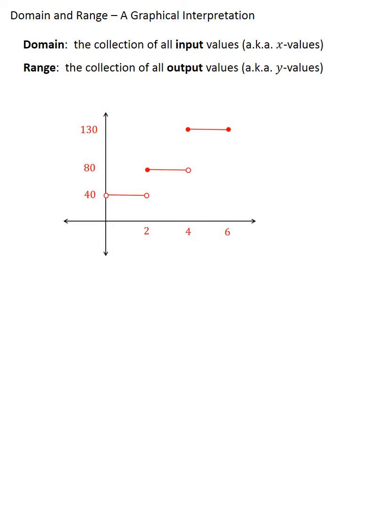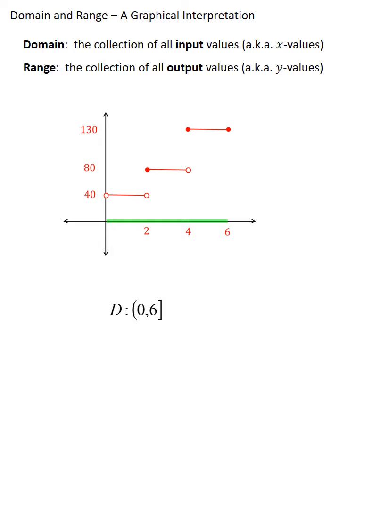Back to the question of domain. Domain being all possible inputs, it appears to me just by looking at this graph, if the input is anything between 0 and 6, then there will be an output to this function, and so I'm going to list the domain as all numbers 0 through 6. But notice I've excluded 0 itself and included 6.